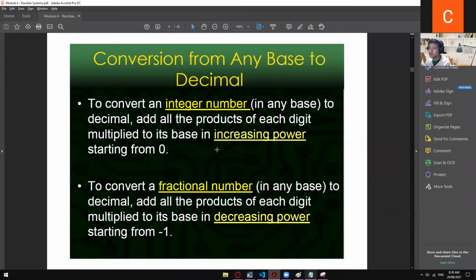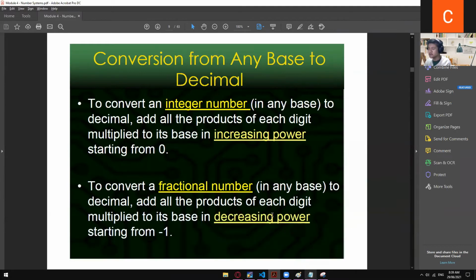So the only thing I could tell you guys when converting any base to decimal: if it's a whole number, then you should have an increasing power starting from 0. And if it's a fractional number, then you should start with -1 and it's a decreasing power. So -1, -2, -3, and so on and so forth.